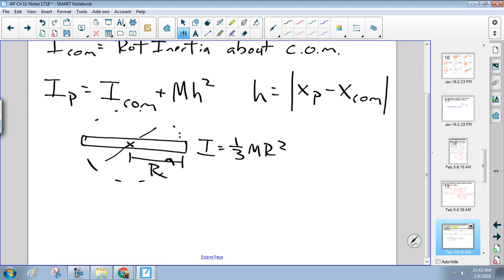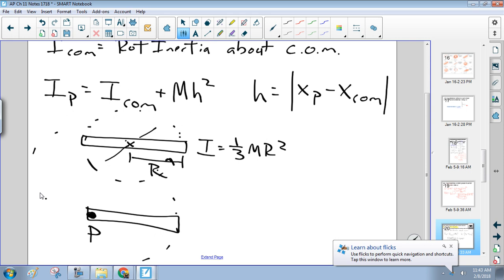So now the question is, what would happen if we did this? What if we took the meter stick and we wanted to pivot it around the very end of the meter stick, point P, so that it rotates around in a much bigger circle? So the question is now, what is I?